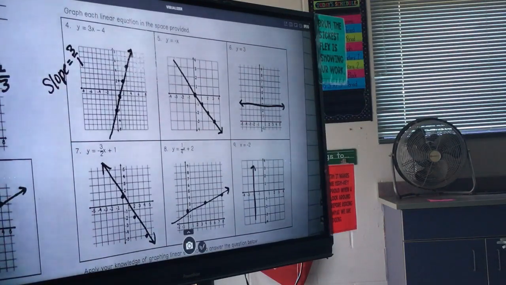So my slope is -1/1. Yes. Okay, but where do I start? Sebastian, what did you tell him? 0. Why? Because there's no number at the end. There's no constant. So you start at 0, 0 because there's no constant on this one. So you have to start at 0, 0. And then you go down 1 to the right 1, down 1 to the right 1.